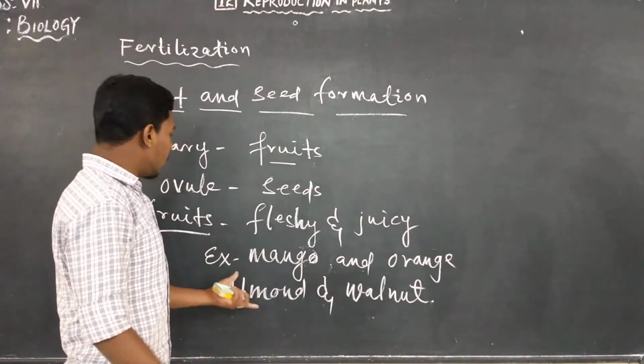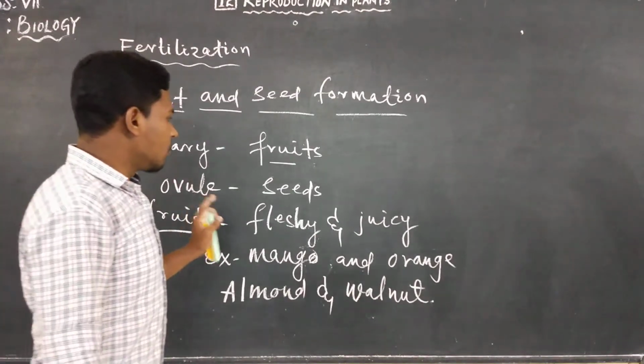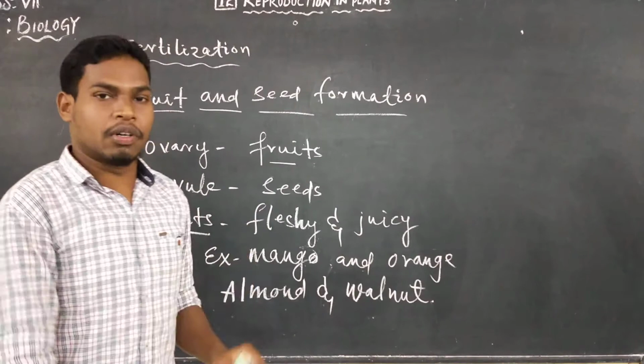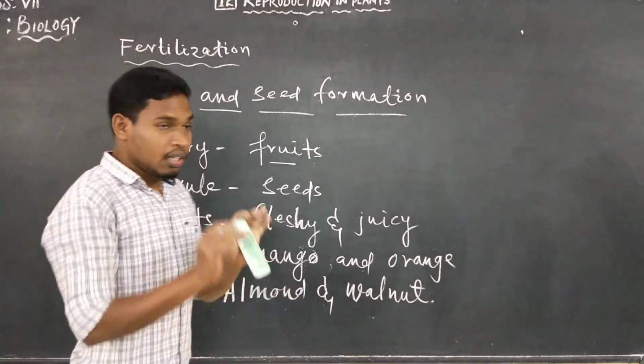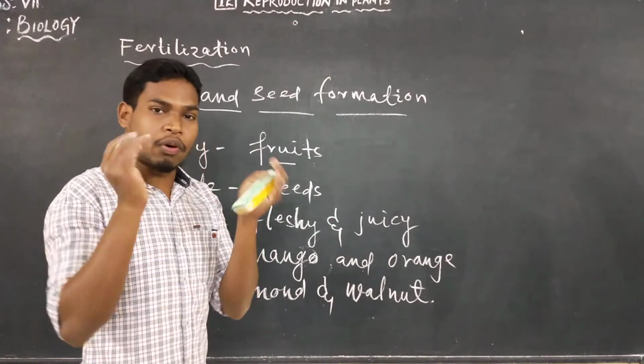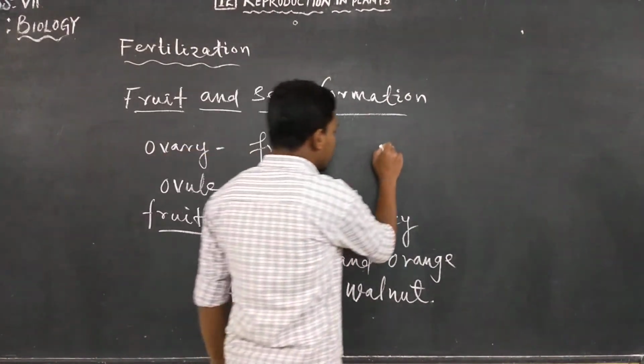Before that, we need to keep in mind one point: the seed that is produced has what? An embryo. It is going to have an embryo, and this embryo is protected by a protective coat in the seed.